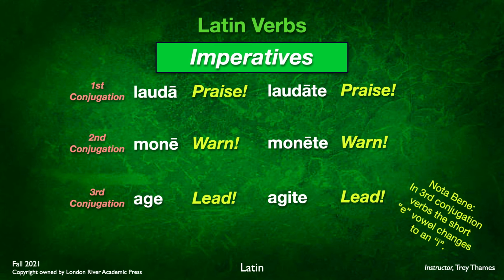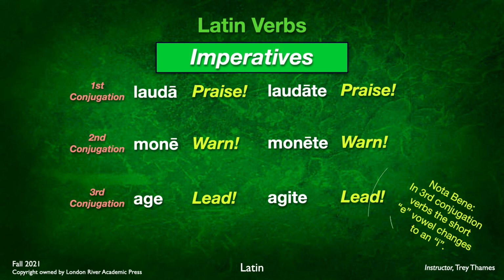So third conjugation verbs shift the pattern in that the TE doesn't just get added to the stem. We have to shift the E to an I, agite. So there you can see the note there, nota bene. In third conjugation verbs, the short E vowel changes to an I in the imperative plural.